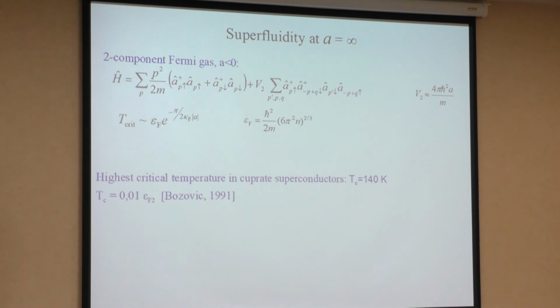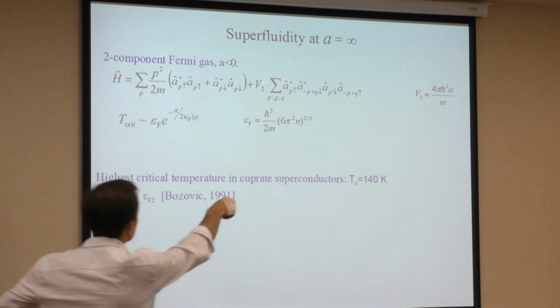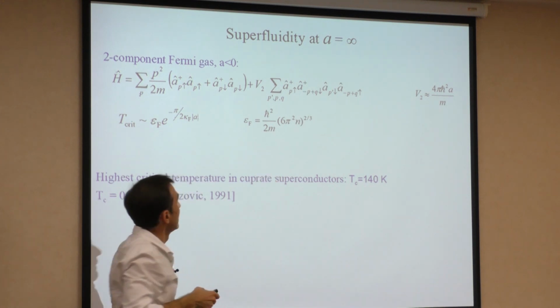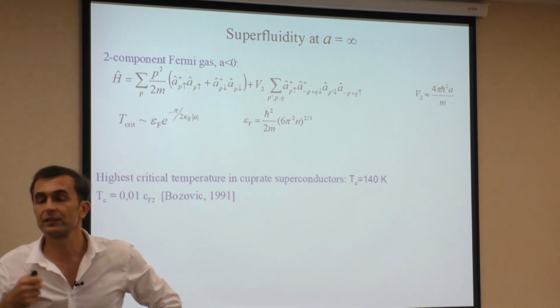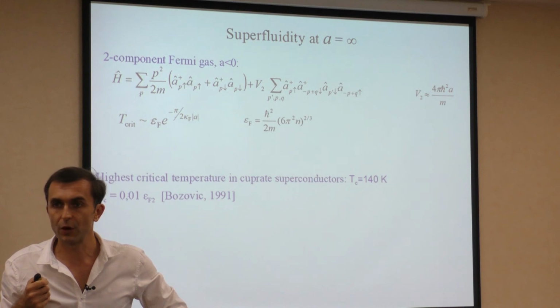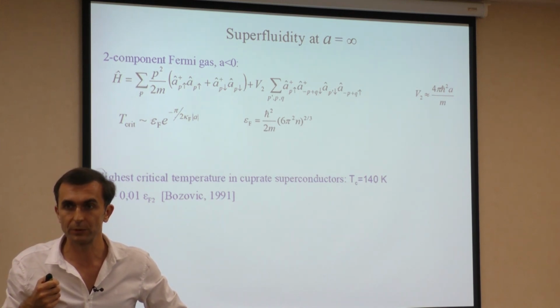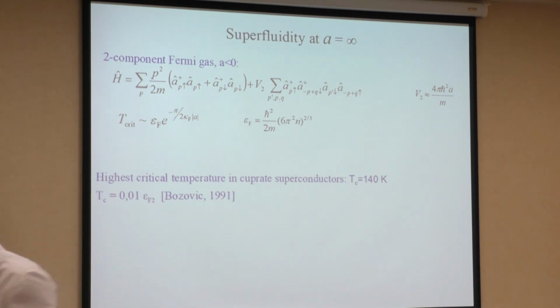What is the problem with this V2 coefficient? Let's suppose we take it as a constant. It means the interaction between the two atoms is a delta function.